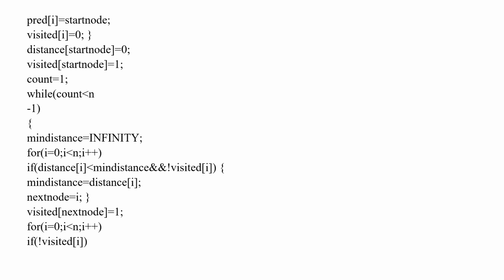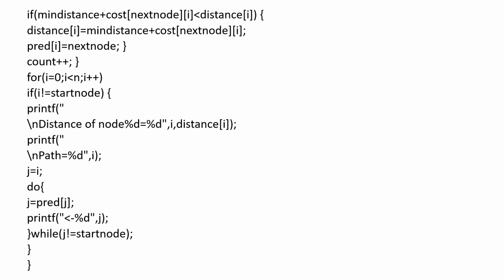You will be visiting the other node. One node is already over, the start node is over, the visiting node is over. Then you again put it into a loop, you are going to see whether it is the visited node or the starting node, which is the shortest path. So all these you will repeat for all the nodes, and then you're going to do count plus plus. So for each and every node you're going to calculate.